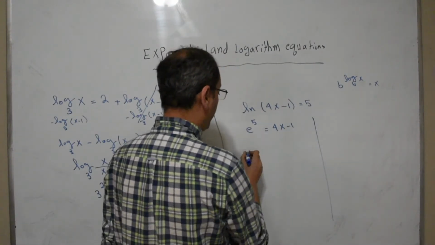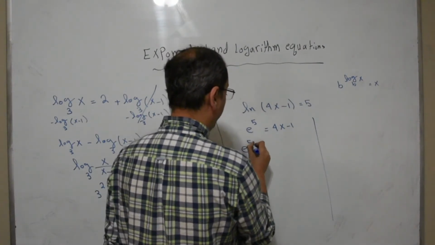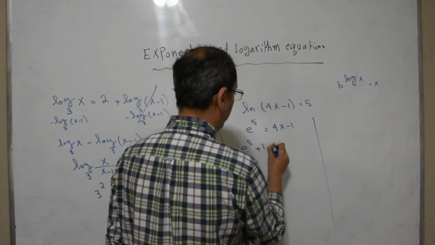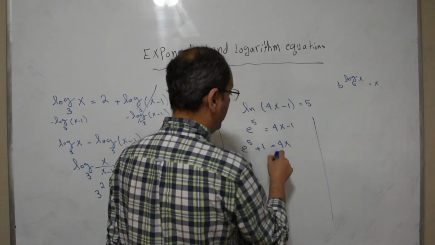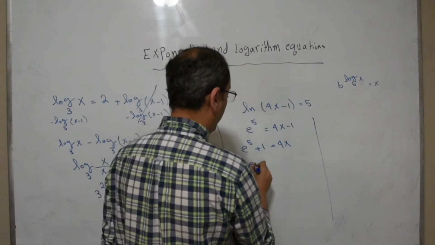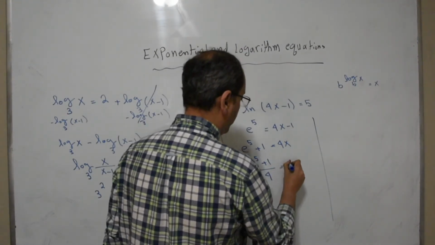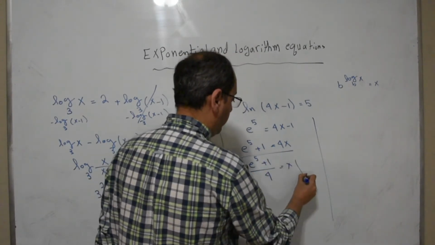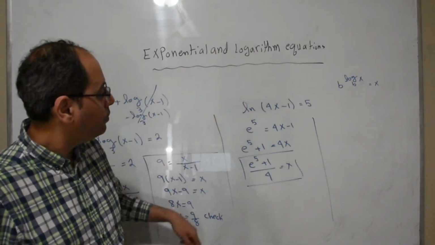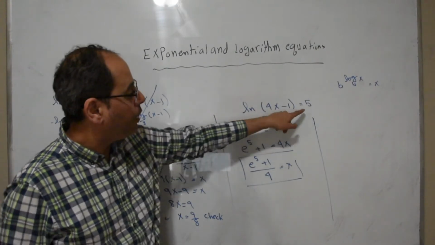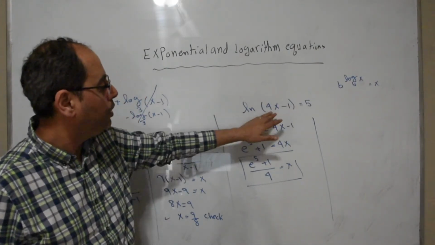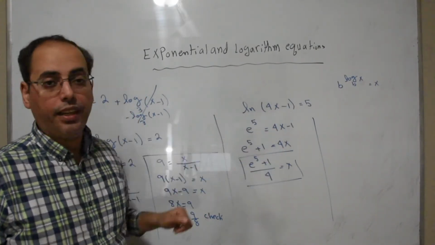I add 1 to both sides. So I have e to the fifth plus 1 equals 4x, divided by 4. So e to the fifth plus 1 divided by 4 equals x. Okay, convert it to exponential form and then isolate x.